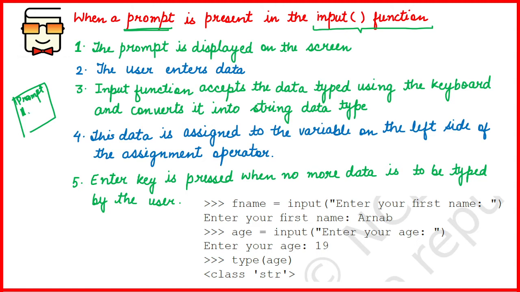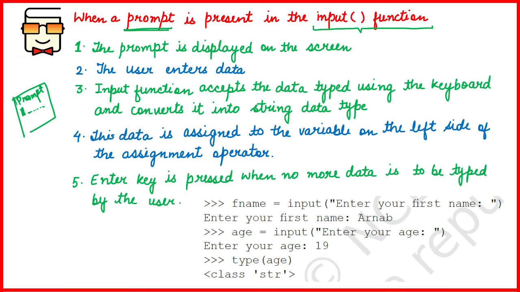Now the user can enter the data, and as long as the user is typing the data from the keyboard, the entire data will be accepted by the input function. And as soon as the user presses the enter key on the keyboard, this particular input function will terminate. That means after pressing the enter key, no further input will be taken from the user side.